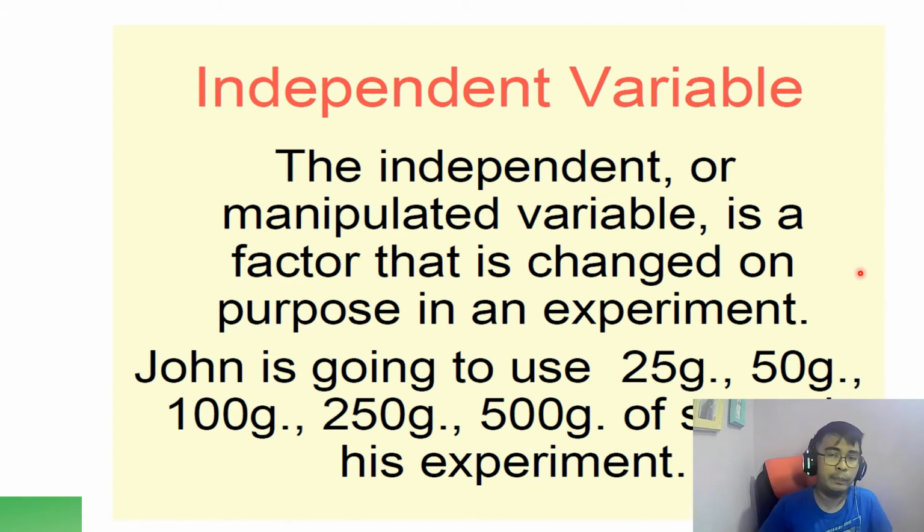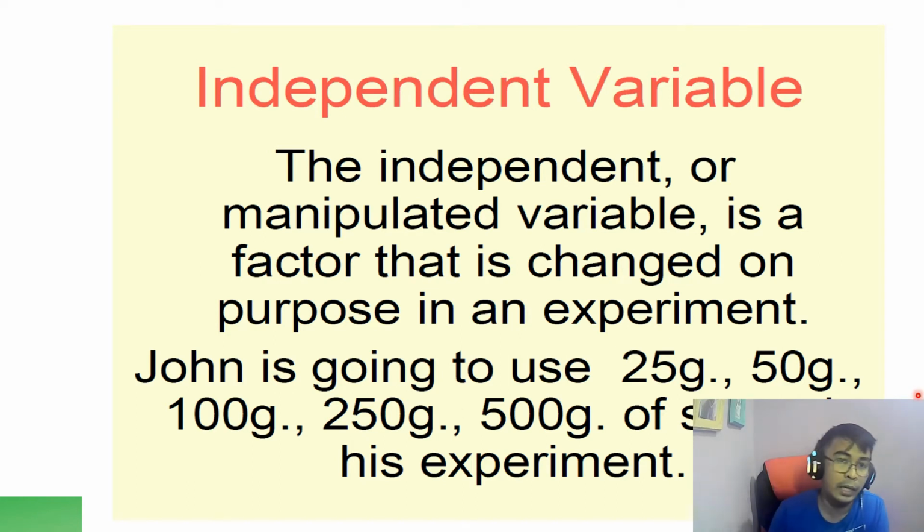Now, the independent variable, or we sometimes call it the manipulated variable, is a factor that is changed on purpose in an experiment. Okay? So, in the example, maybe John can use the following: 25 grams, 50 grams, 100 grams, 250 grams, 500 grams of sugar in his experiment.